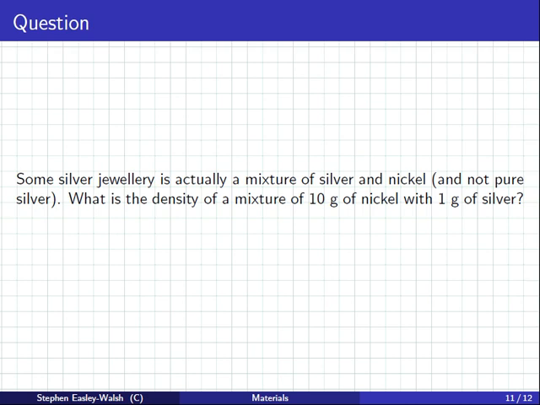I see lots of calculations. Oh, did you not write the units down? The first is kilograms per meter cubed, and that one's relative density. Right, let's have a look at this now.